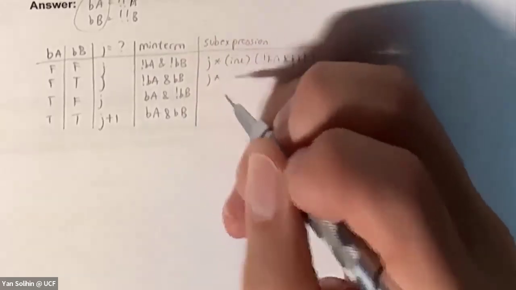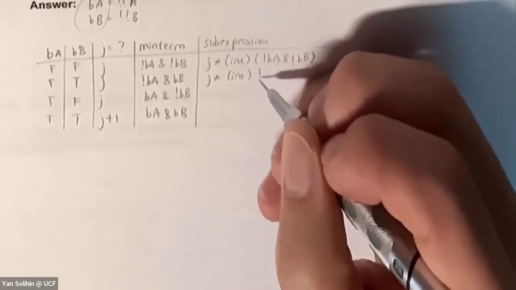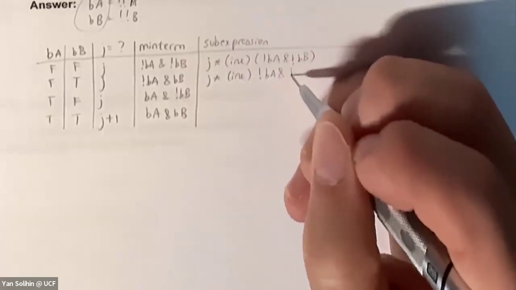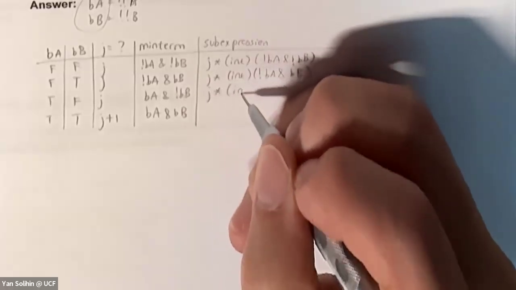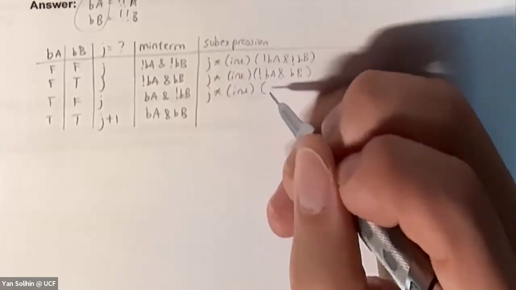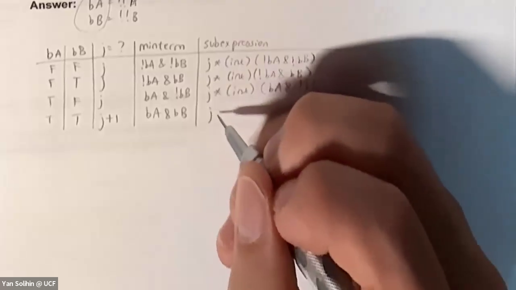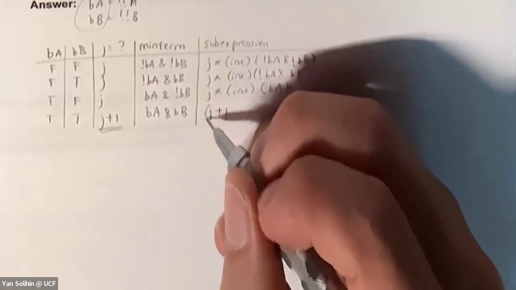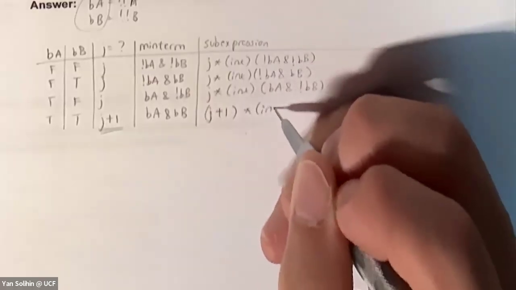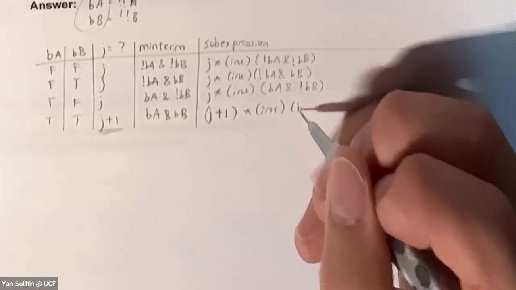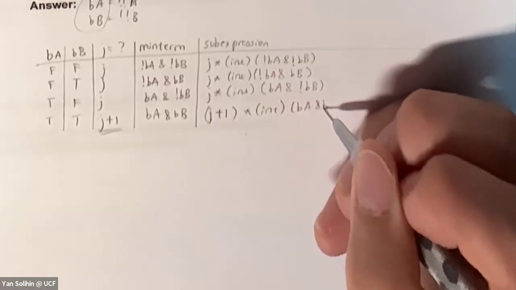This will be J times integer of not BA and BB. J times integer of BA and not BB. And finally, sorry, mistake, this will be J plus 1 times integer of BA and BB.